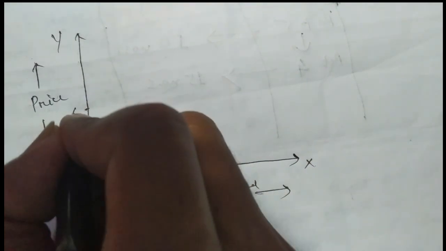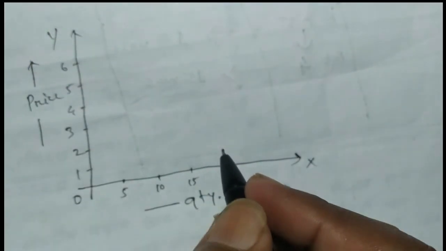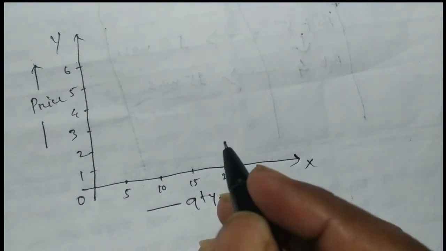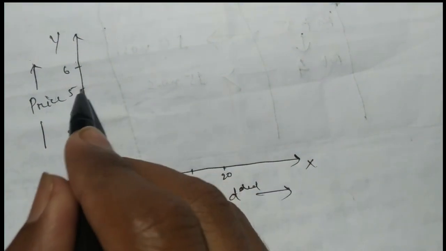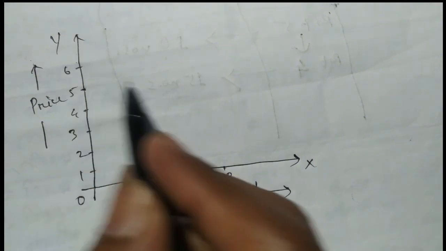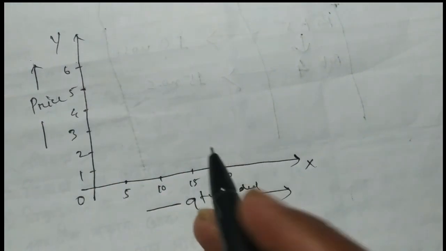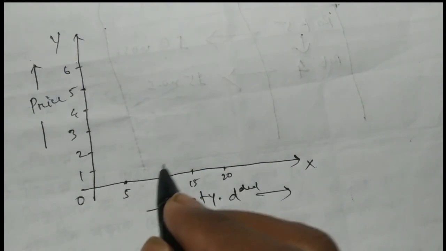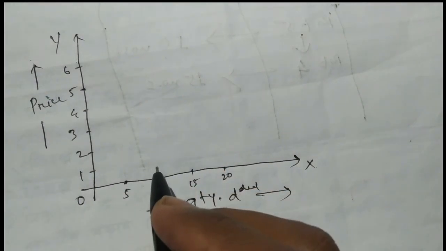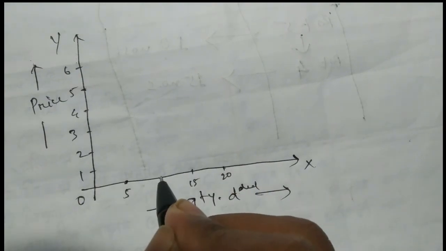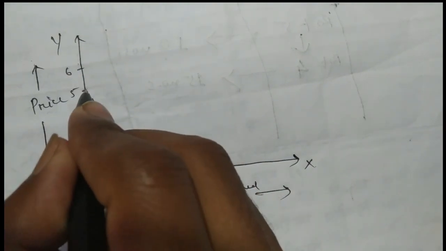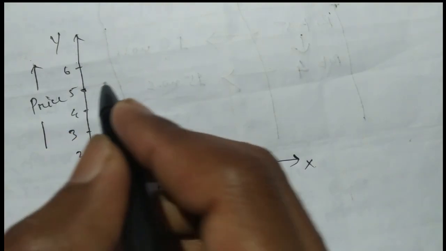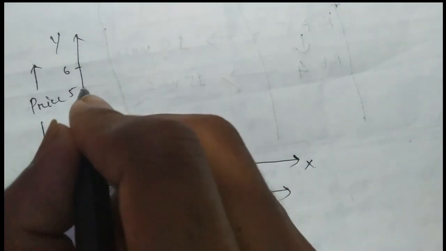3, 4, 5, 6. Now when the price of an apple is rupees 5, then quantity demanded will be how much? Quantity demanded is 10. At rupees 5, quantity demanded is just 10.